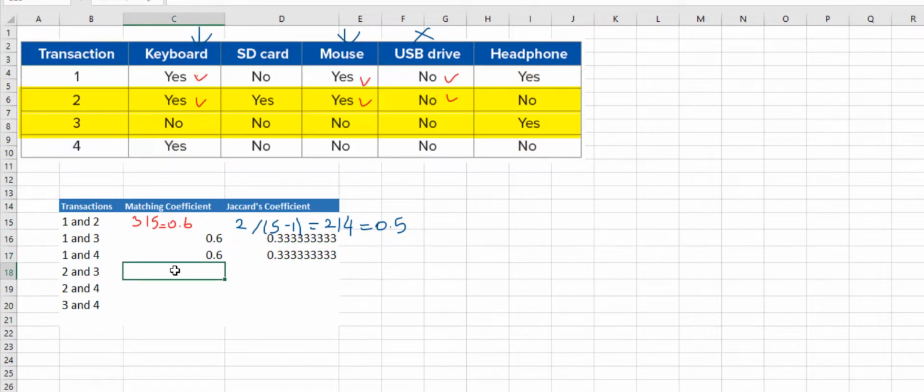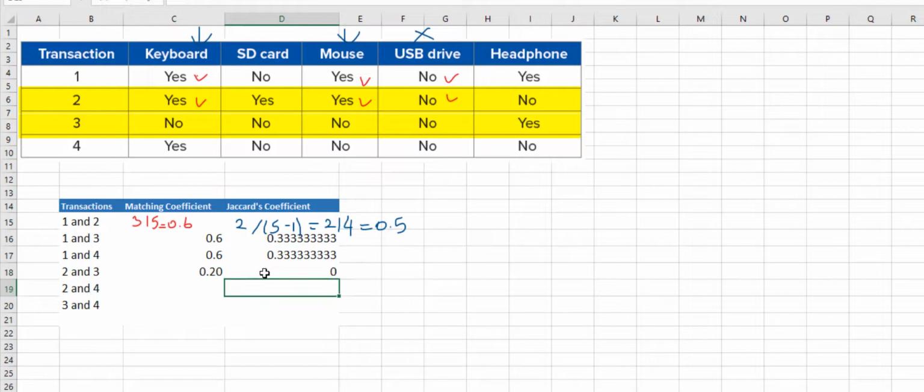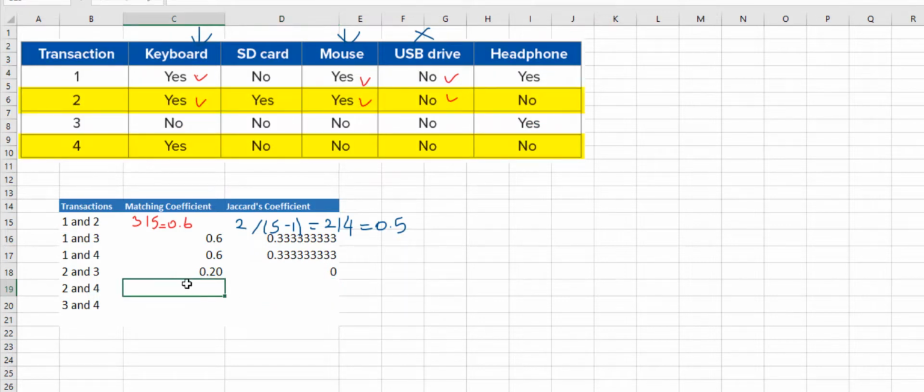Between 2 and 3, we have one match divided by 5, 0.2. And for Jaccard's, we have one negative outcome and there is no positive outcome. Therefore, it's 0 over 5 minus 1, which is 0. And now between 2 and 4, we have 3 matching. That's why it's 0.6.